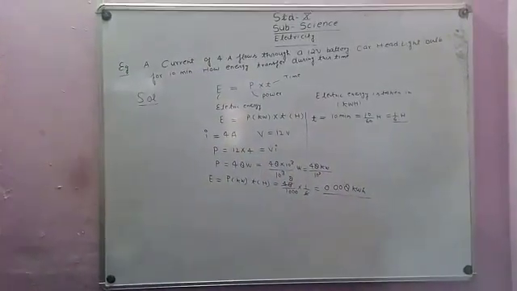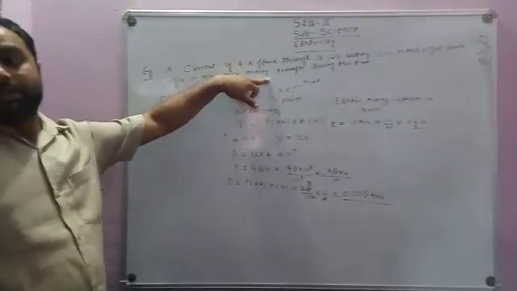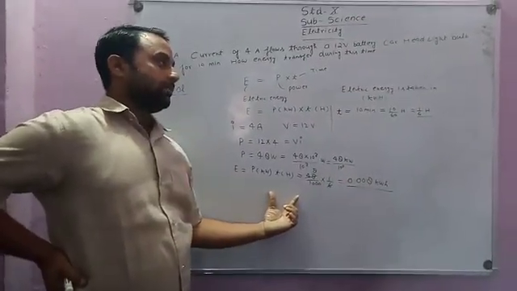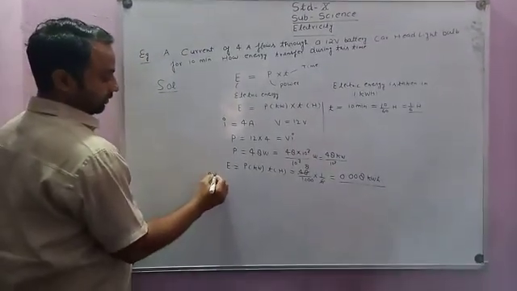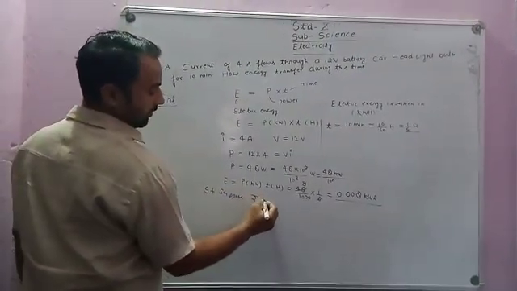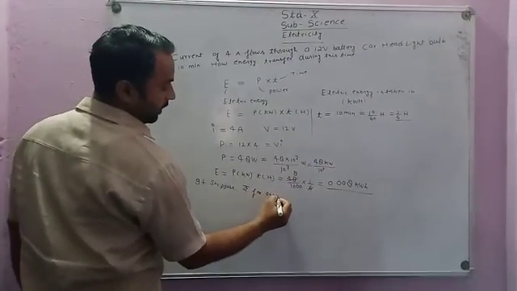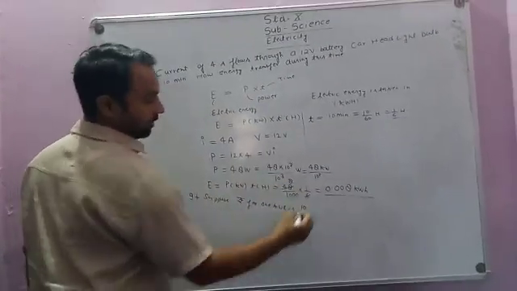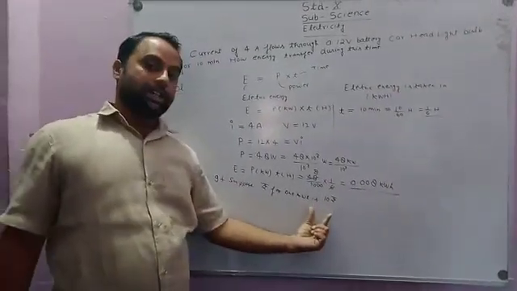Suppose we have to see the consumption of power, the time is also given here, so we have to multiply this time. Suppose the rate is rupees for 1 unit, that is, 1 kilowatt hour is 10 rupees. This is the consumption rate of the electrical energy.